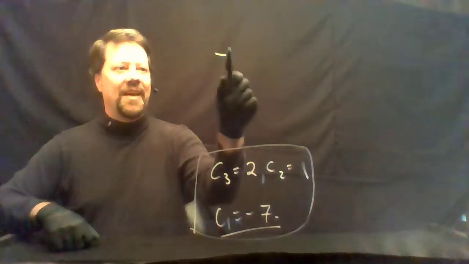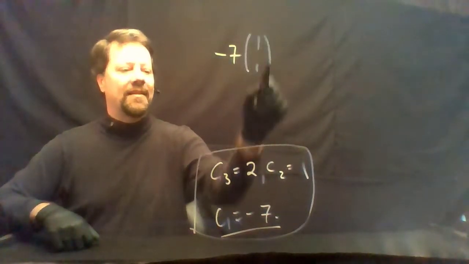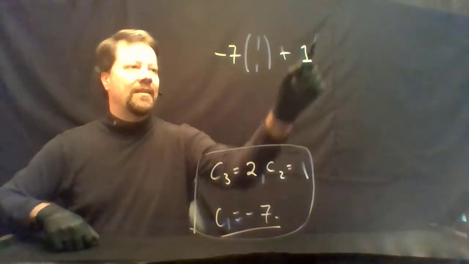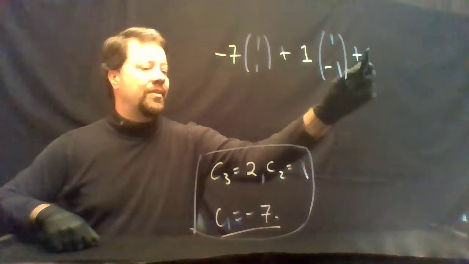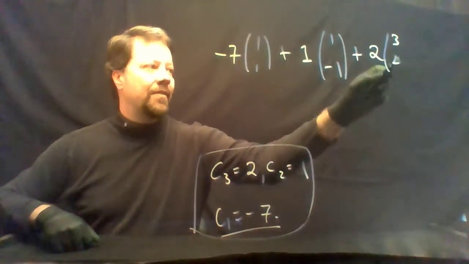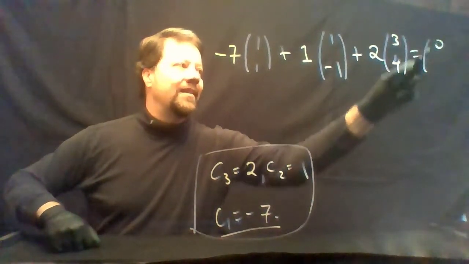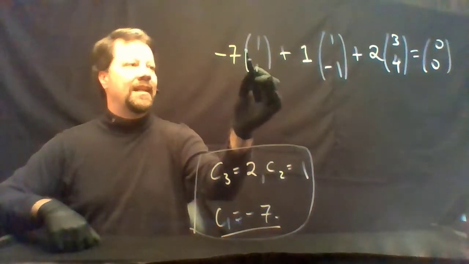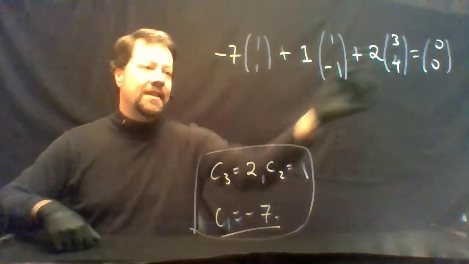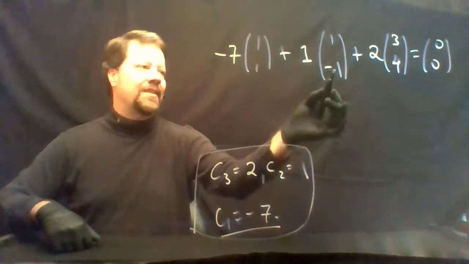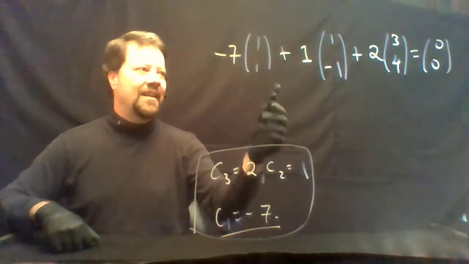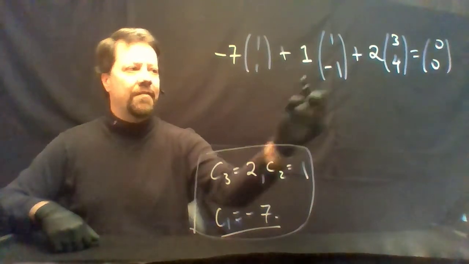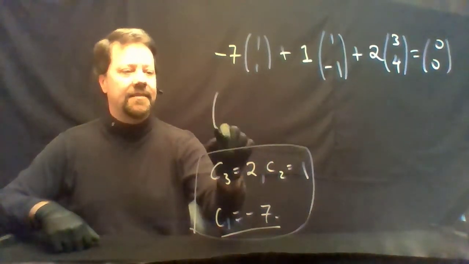You can see then that we have negative 7 times (1, 1), plus 1 times (1, -1), plus 2 times (3, 4), equaling (0, 0). Negative 7 and 1 is negative 6, and 6 makes 0. Negative 7 minus 1 is negative 8, plus 8 makes 0. It follows then that we can solve for one of these vectors in terms of the other.